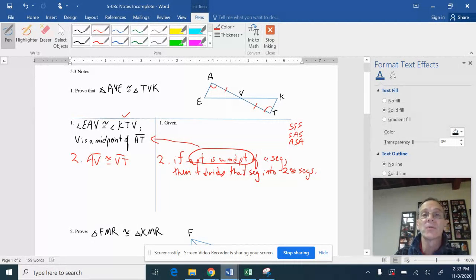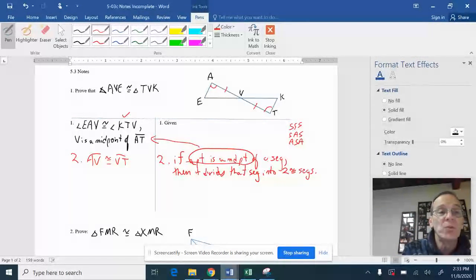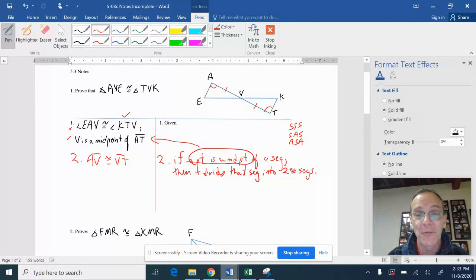But all of those reasons for concluding that triangles are congruent require that we already know three pairs of congruent parts, and we only have two. So it might seem that we are stuck on this problem because we've used all of the given information. There is no more given information to take advantage of.